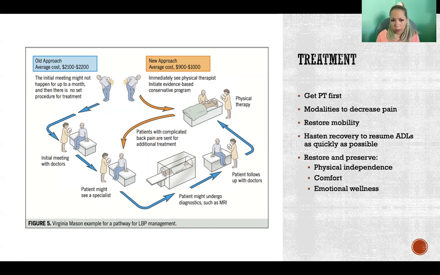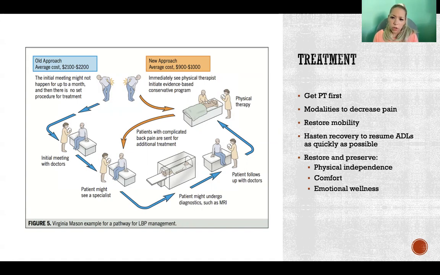Because physical therapy is so effective for low back pain, and that's often the end result of the whole cycle in the old approach. So why not start there, see if it works, and then if necessary, go to the specialist and follow up with further diagnostics.